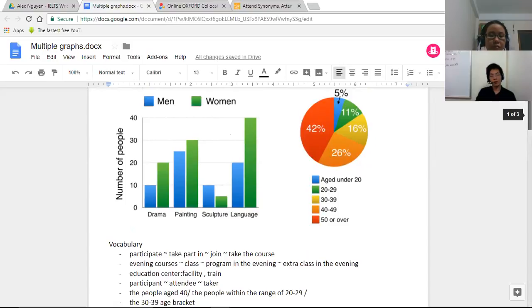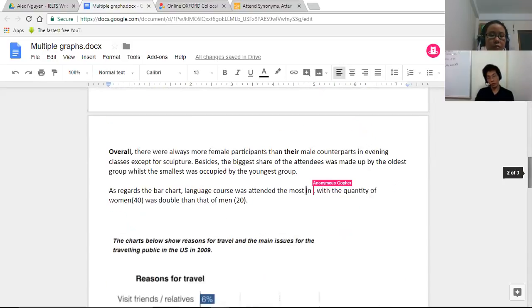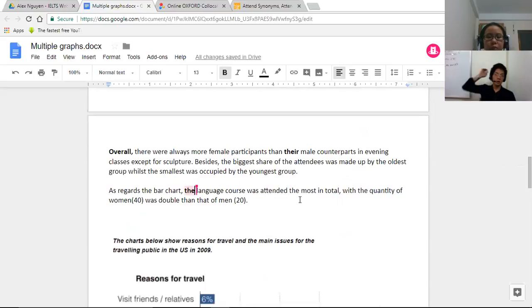What about I say in total? As you got the bar chart, first of all, you have to say the language course, right? Yes. The language course was attended the most in total.